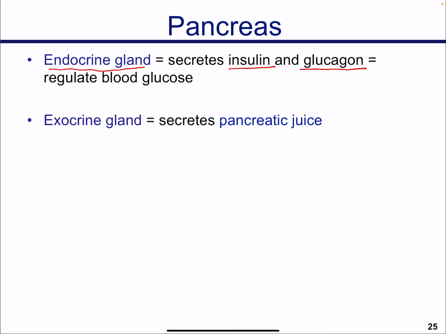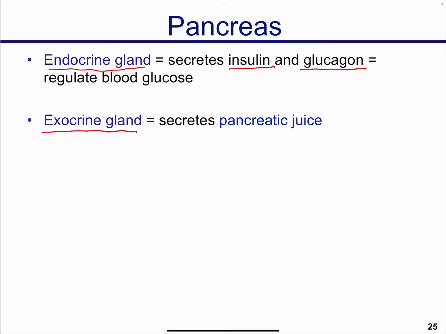Then the other function is the exocrine function. The exocrine function means that the gland is going to release some substances, and these substances are going to act in their immediate surrounding. So the pancreas is going to release a content.